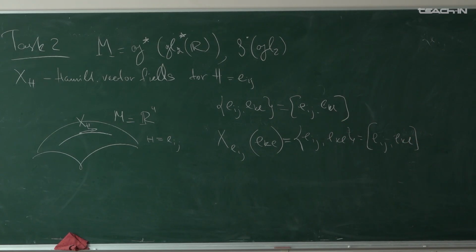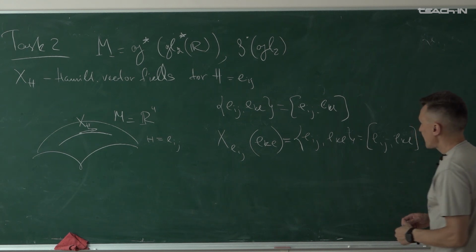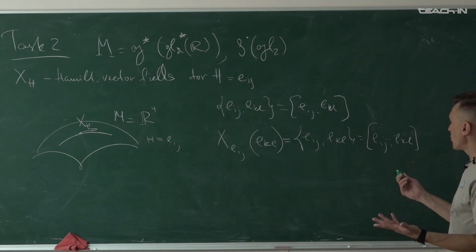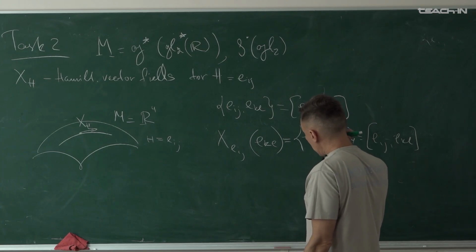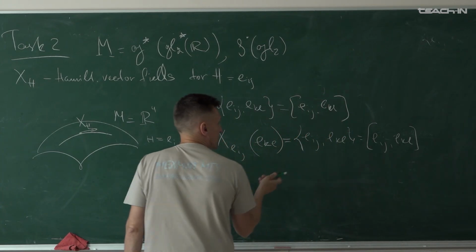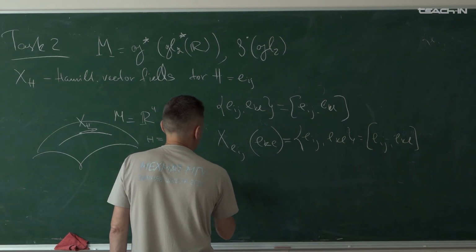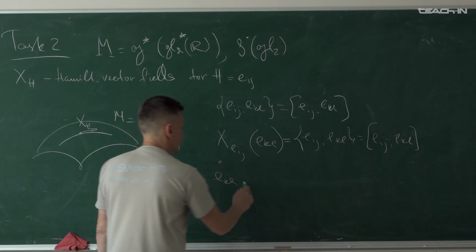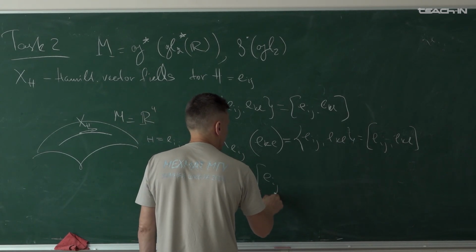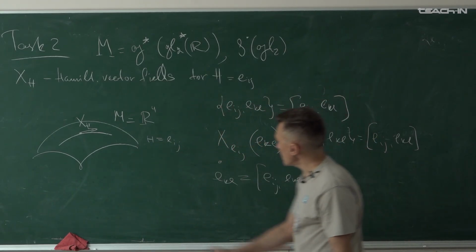Yeah, okay, but how does it help us to solve the task? Or this is the task? Now, what do we have to do? We have to solve the equation: E_KL dot is equal to E_ij E_KL.